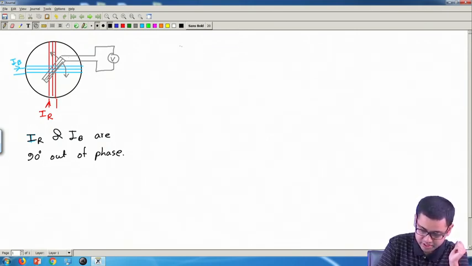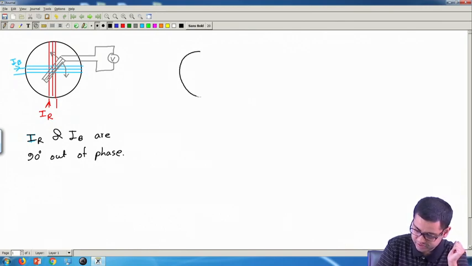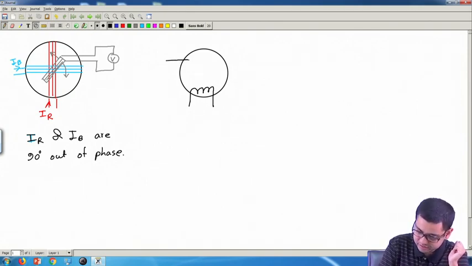Symbolically we draw it like a circle, and then it has two coils. Say this is the horizontal coil, and this is the vertical coil, the red one.